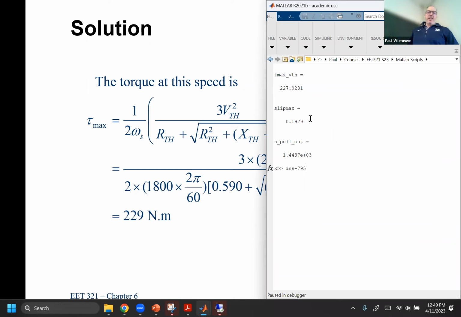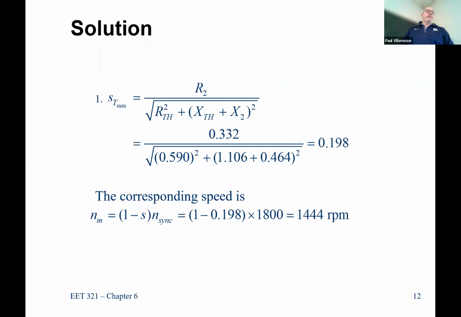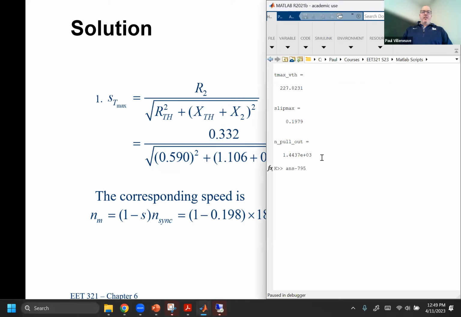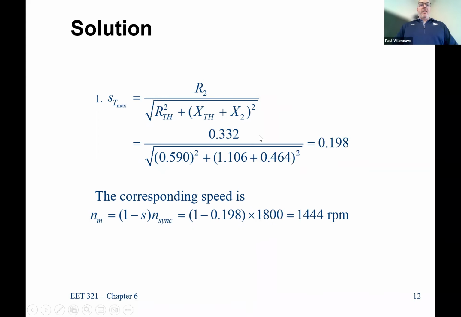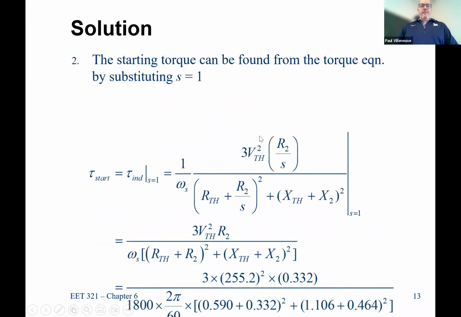Our slip max in our calculation, 19.79, 19.8. Our speed, 1,443.7 RPM, okay?